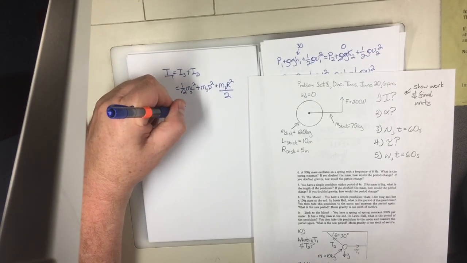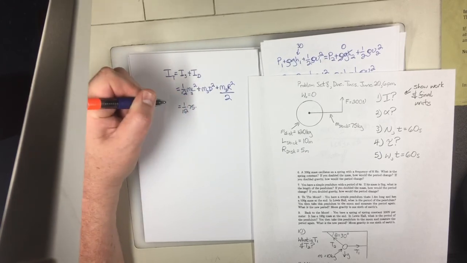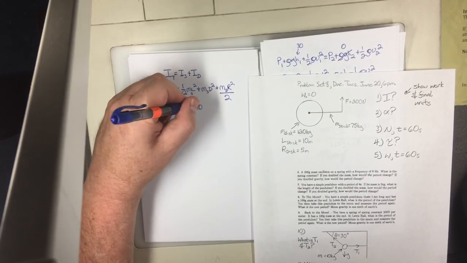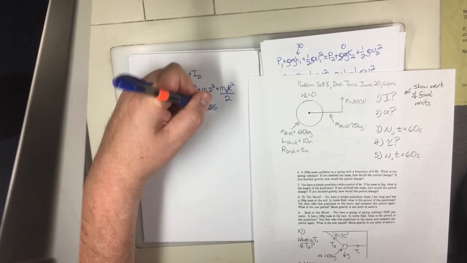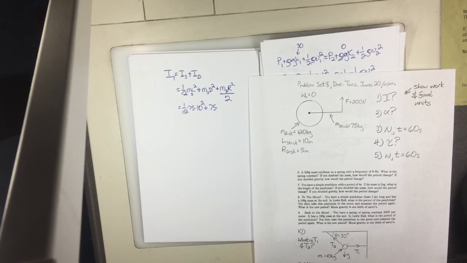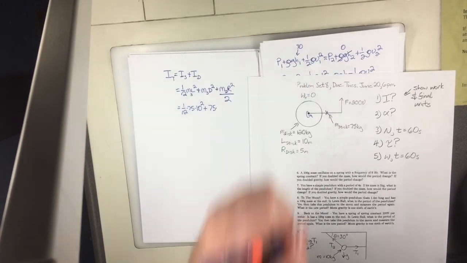So this is 1/12 mass of the stick, 75, length of the stick, 10, mass of the stick, 75. D in this case is the distance from the middle of the stick, the center of mass of the stick, to the rotation point. So what value do I use for D? What's the distance from the center of mass, which is here, to this rotation point?